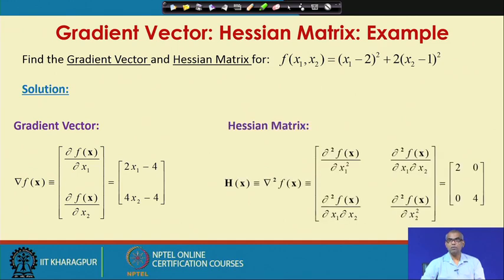The Hessian matrix will be a 2 by 2 symmetric matrix, and if you evaluate the second partial derivatives, you will get the Hessian matrix with components 2 0 0 4.